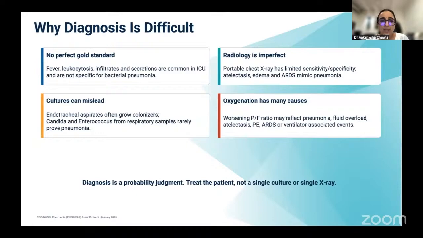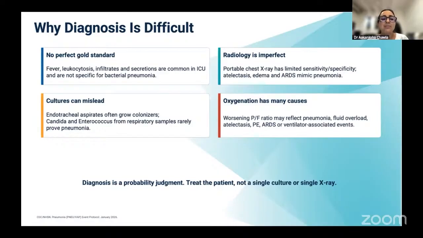So why is it difficult to diagnose? Because there is no perfect gold standard. Patients may have fever, leukocytosis, infiltrates, and even secretions because these are common things in the ICU. Radiology, X-ray has limited sensitivity and specificity. Patient may even have atelectasis, ARDS, or even edema. So you should be able to differentiate.